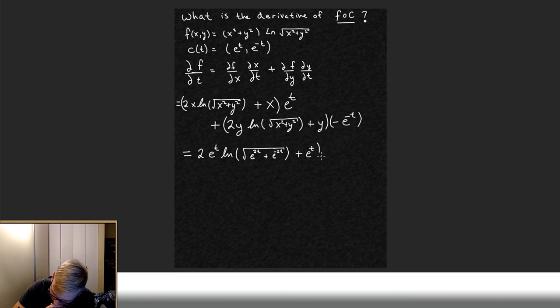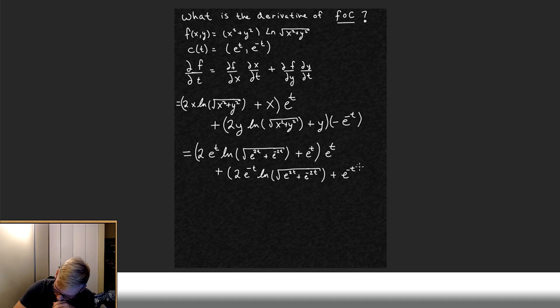And then we're going to multiply all of this by e to the t. And then we're going to add the second line. Now we've got y in, so we're going to write bracket 2 e to the minus t for y, natural log square root of x squared, which is e to the 2t, plus y squared, e to the minus 2t, close the bracket, plus y this time, which is e to the minus t, right?